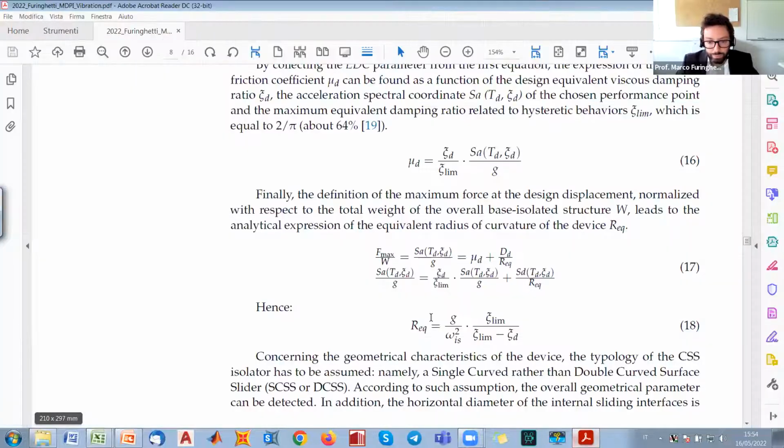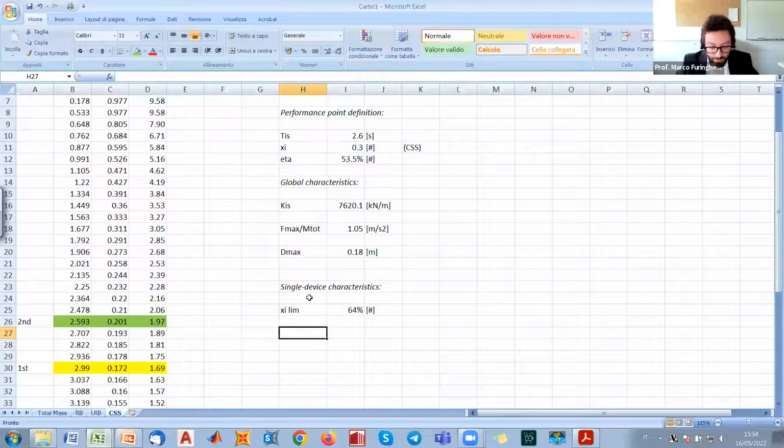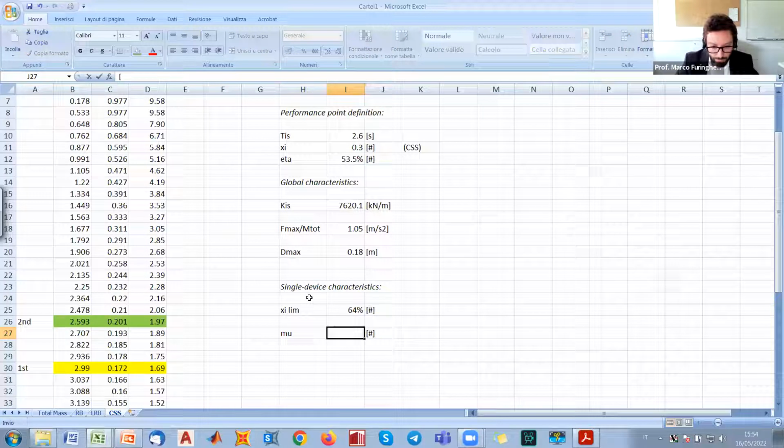So this is the expression, the ratio between the two damping values times these expressions. So let's go to the definition of the coefficient of friction, which is just a pure number.